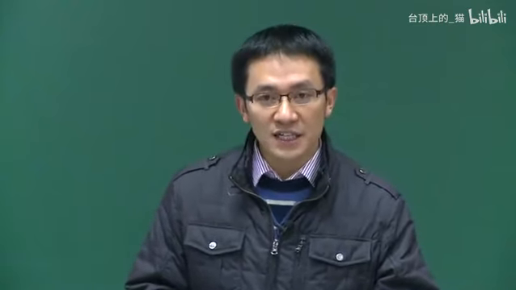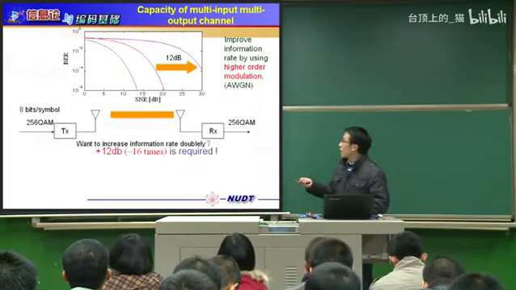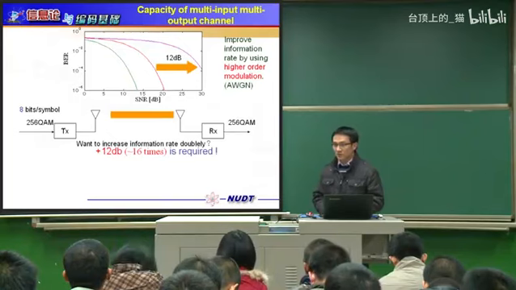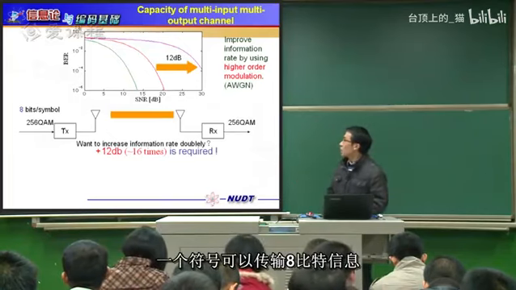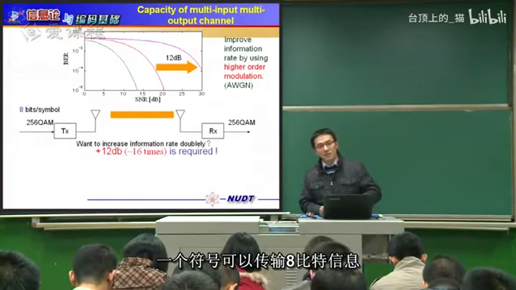If we want to increase information rate doubly again, how can we do? It's also easy to consider, using 256-QAM modulation. For this modulation, each symbol can transmit 8 bits information.